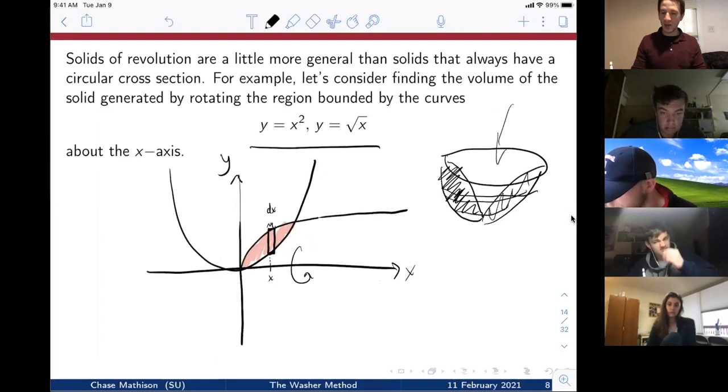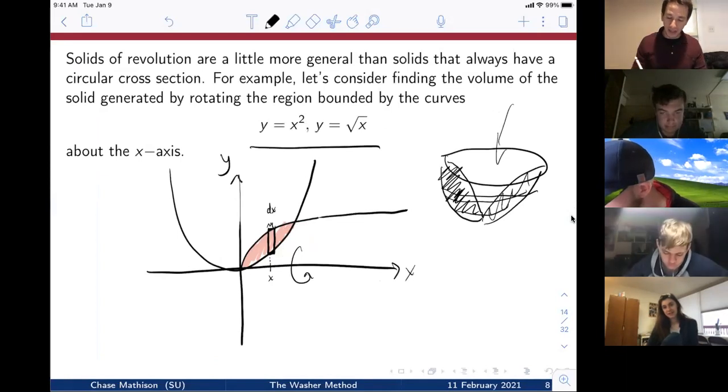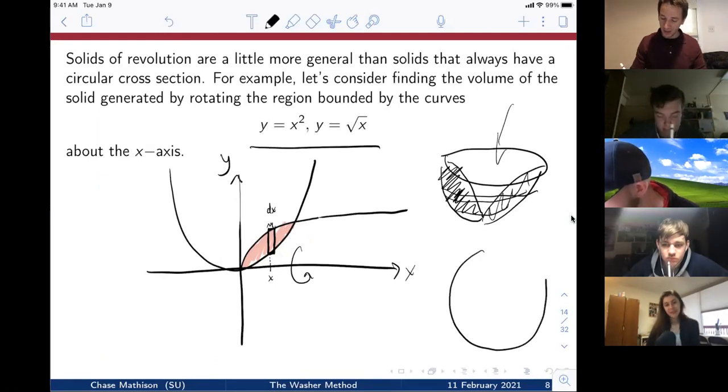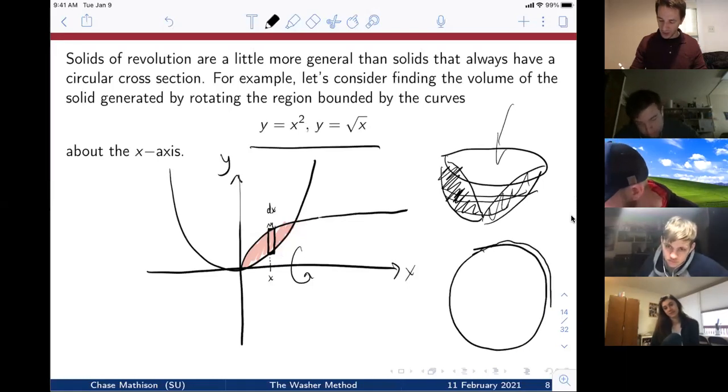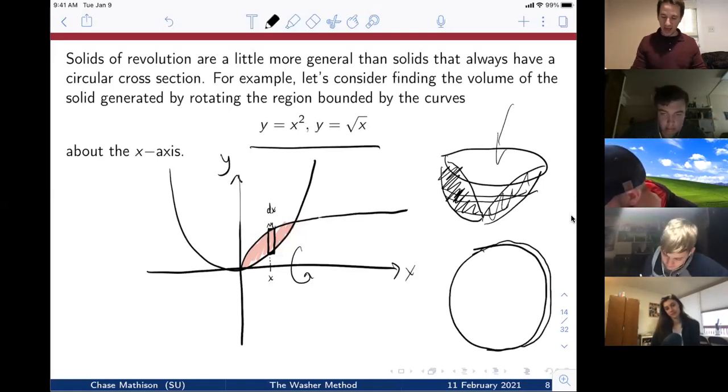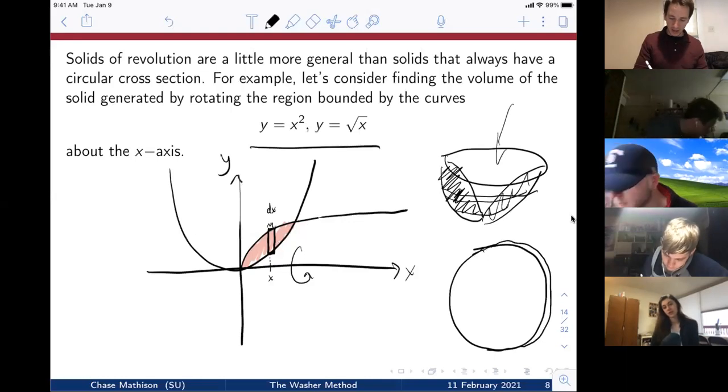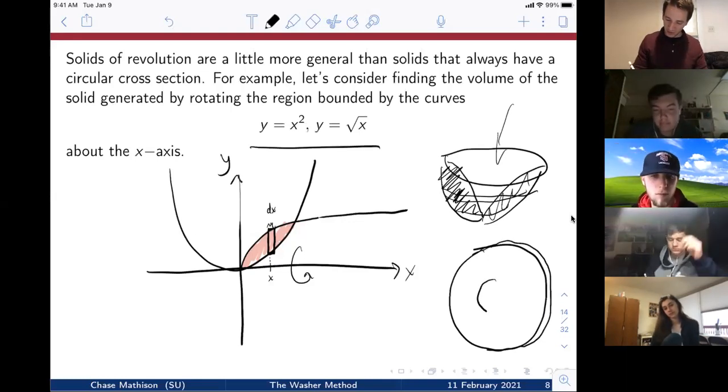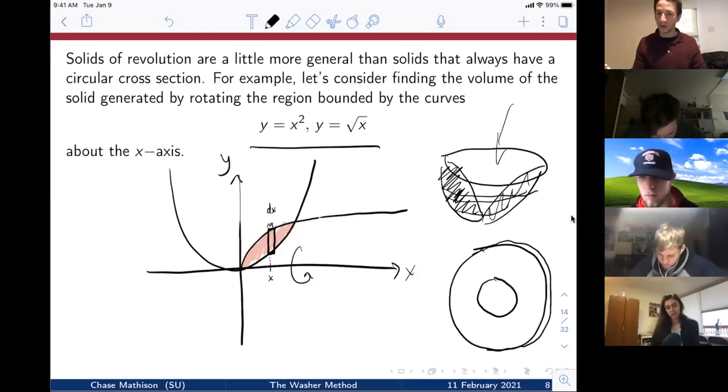Well, what kind of shape am I going to get when I rotate that little sliver around the x-axis? Now I'm going to get a ring. Now I'm not going to get a disc like before. I'm going to get a disc with a smaller disc cut out of the middle, right?